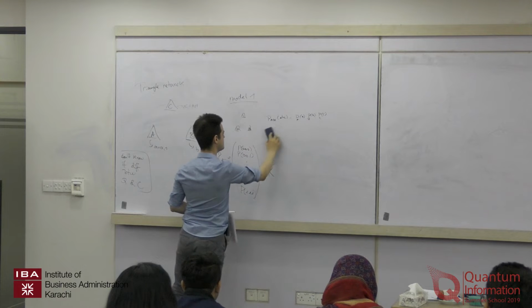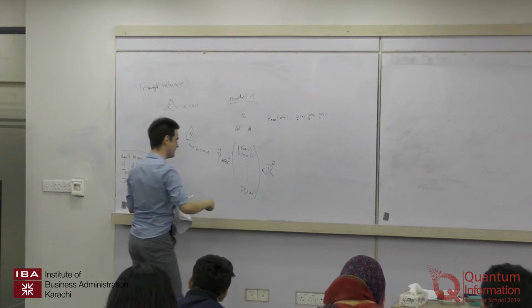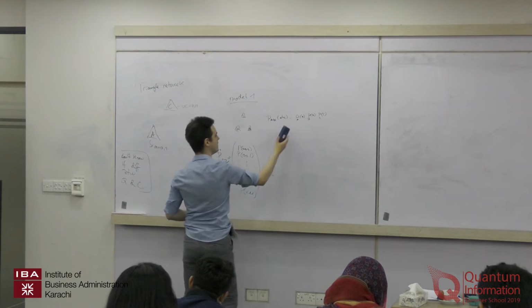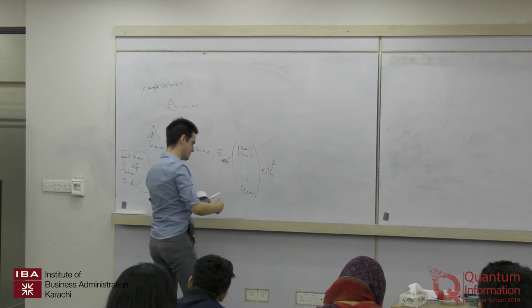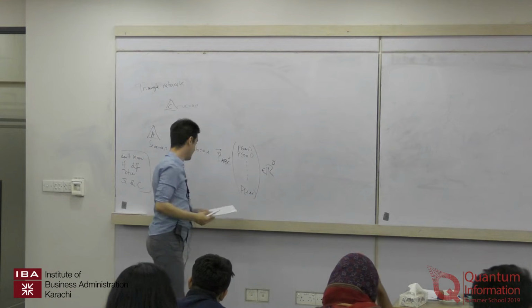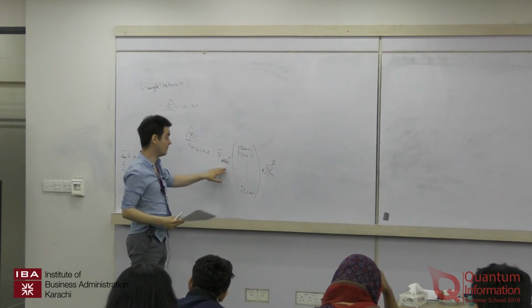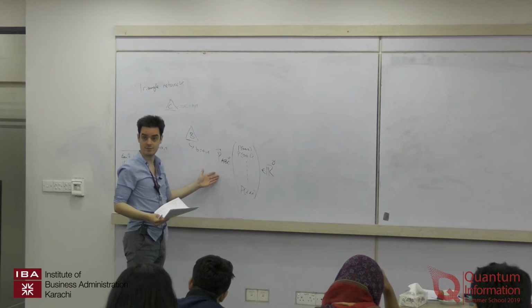Maybe before I start with this model, because it's big, I'm going to shift the model to the other board, and I'll do the general stuff on this board and use the rest for the models. I already have some restrictions about probability distributions.